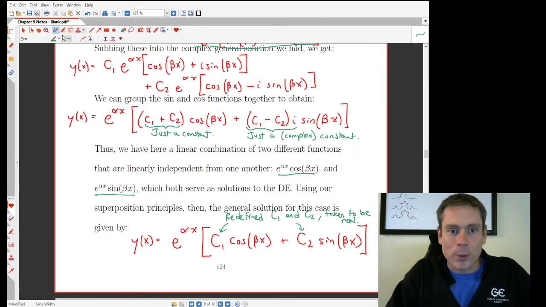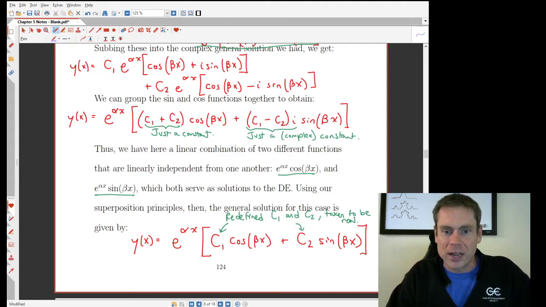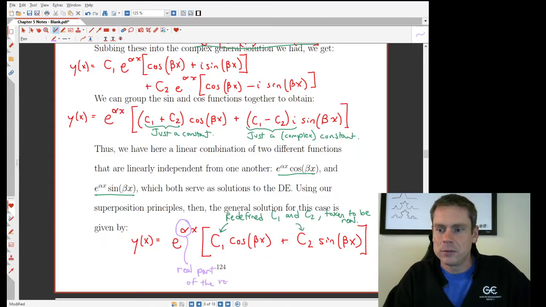The last thing I want to point out here is where these alpha and beta come from. I said it at the beginning, but it's important that I identify it right now. This here is the real part of the root r, and the beta is the imaginary part.